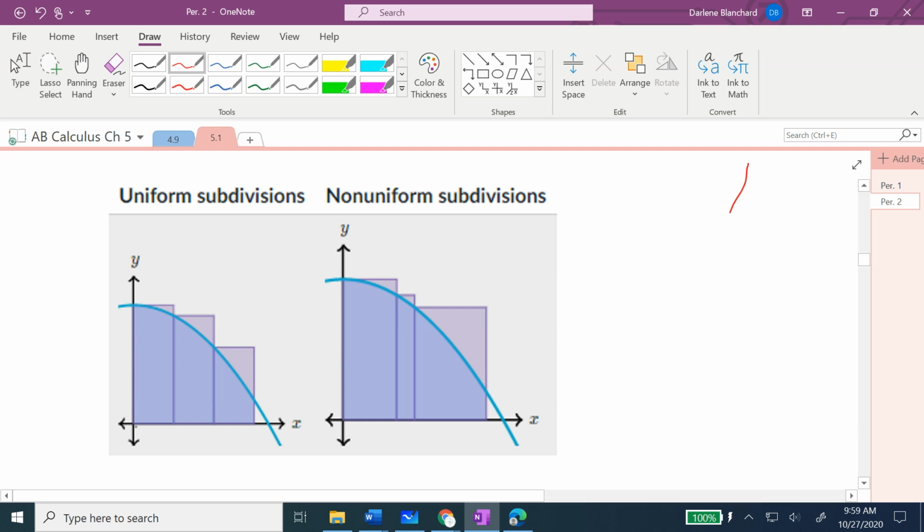So cutting the x-axis up into pieces can be done uniformly, where each of these distances is equal, or non-uniformly, where each of these x intervals is not equal. Whether it's uniform or non-uniform, we can talk about a left Riemann sum versus a right Riemann sum.